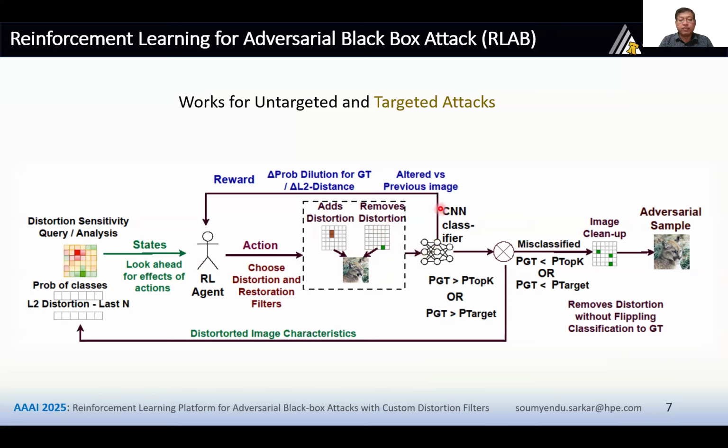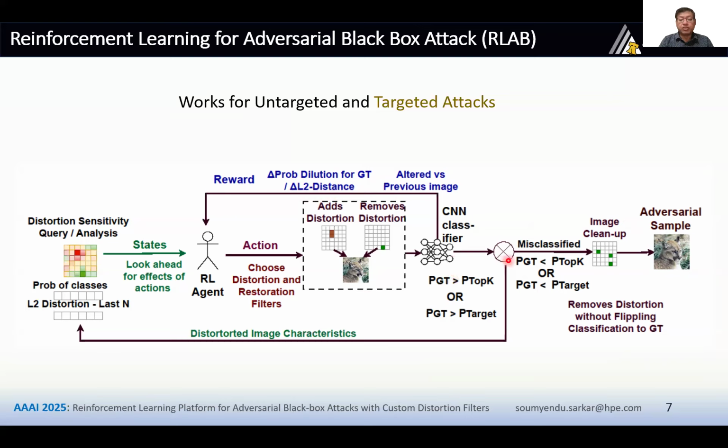It goes to the classifier, and the classifier determines the change in the probability dilution of the ground truth, normalized by the added L2 distance, the delta of the L2 distance, and that becomes the measure of the goodness of the action, or reward.